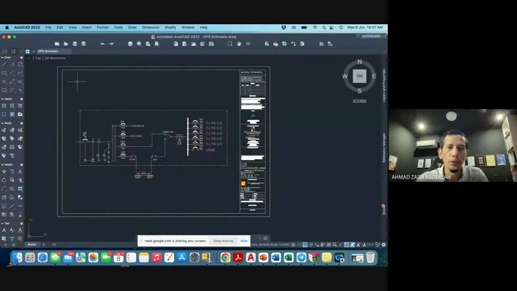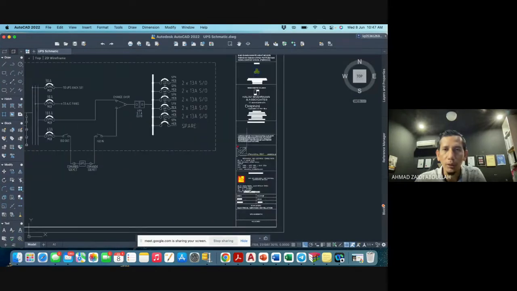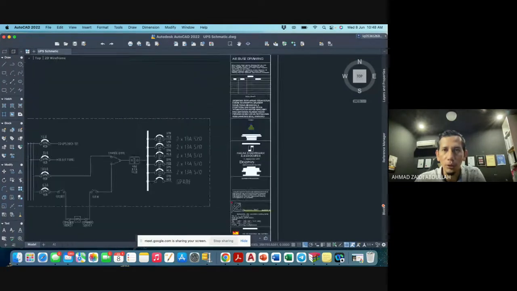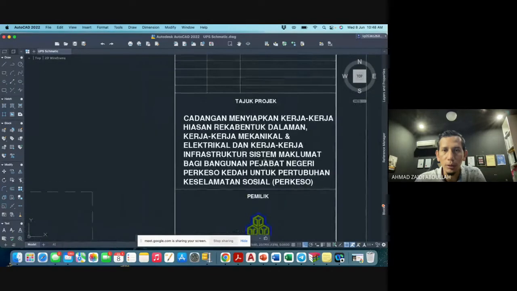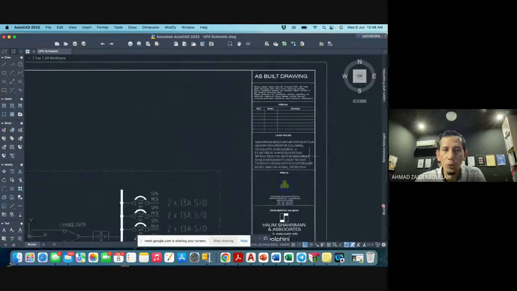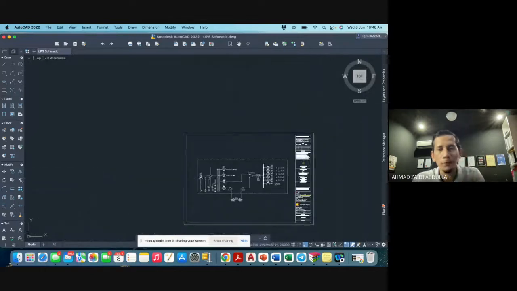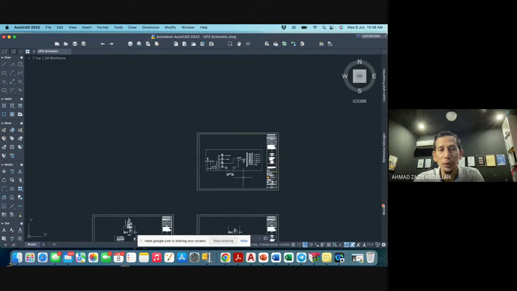Okay, so this is the drawing, real drawing project. Saya tak ingat kat mana ni. Which project? Okay, Pekeso. So Kedah. So dia install UPS to backup dia server room.